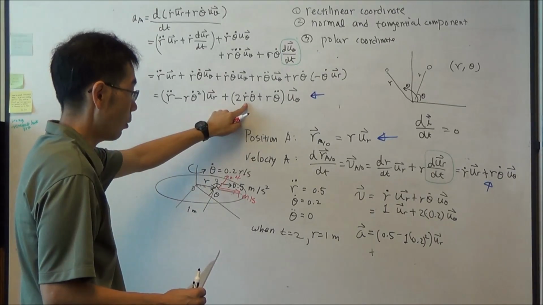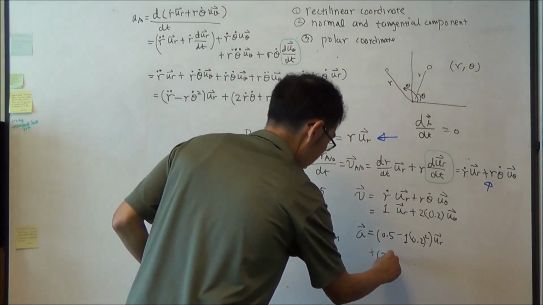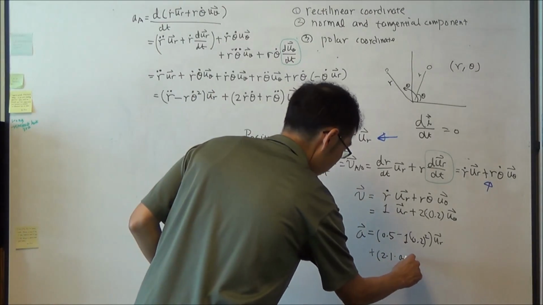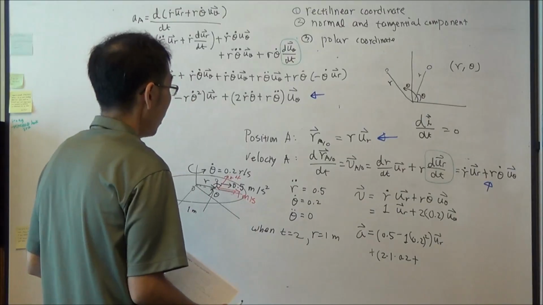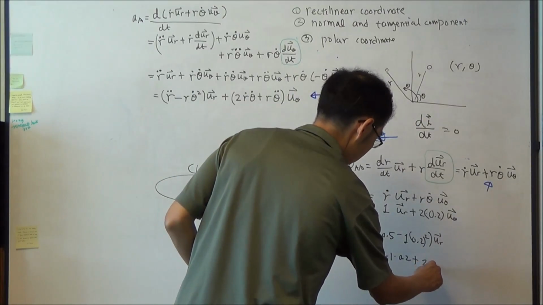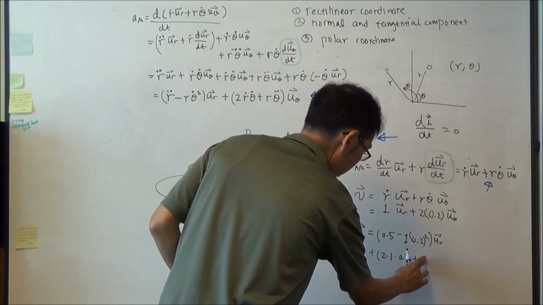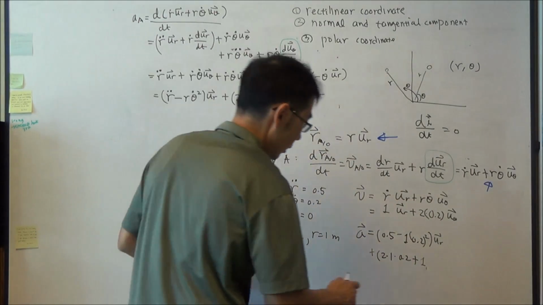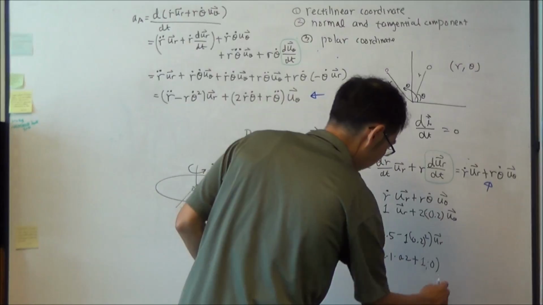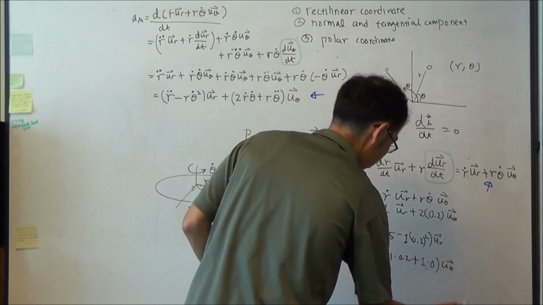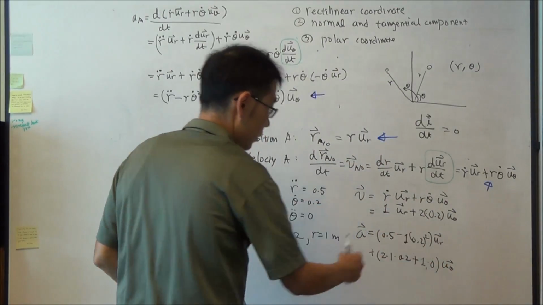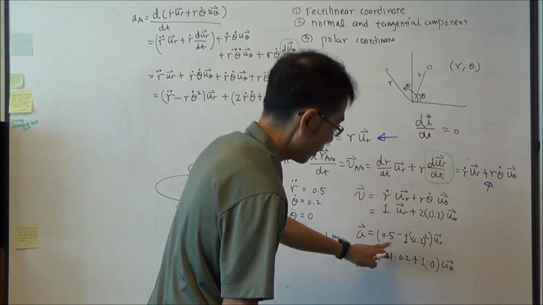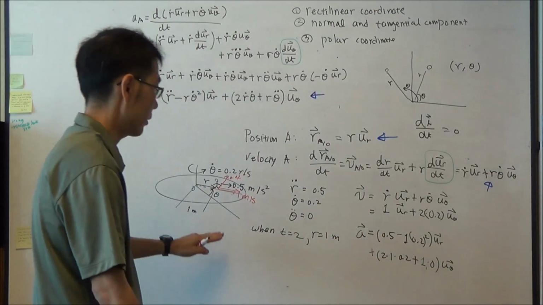R dot is 1, 2 times 1 times theta dot 0.2, plus r, 2, 1, and theta double dot. Theta double dot is 0. So if you just compute this number, then you can get the accelerations along u_r and u theta. Okay.